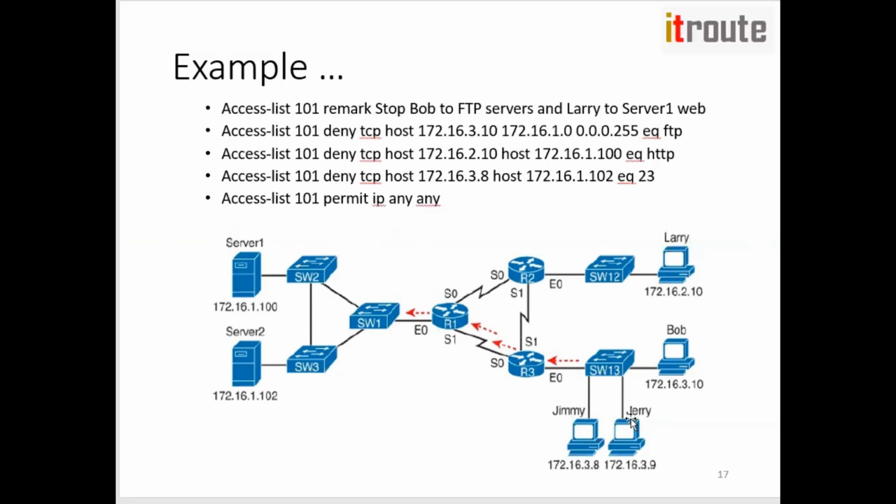So Jerry will be automatically denied, right? If you do not mention anything inside your router, there will be a deny, and that is no good. That's why we do access list 101 permit IP any, one is source, one is destination. If you put the last line, it will allow everybody else.